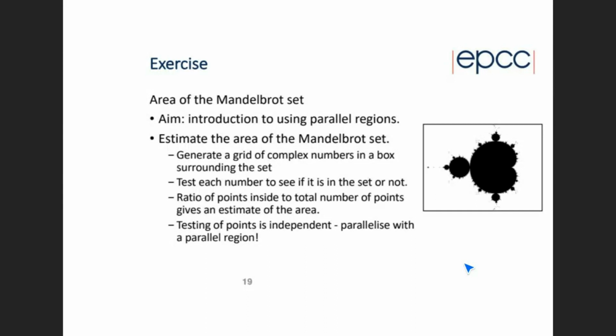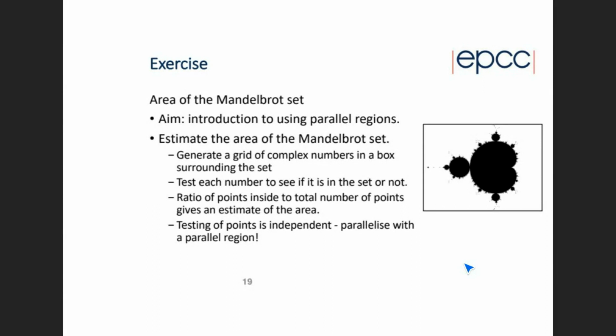Populate that with a two-dimensional grid of values, then test each of those values to see whether it belongs to the set or not, and then use the ratio of points inside to the total number of points, multiply that by the area of the box, and that gives us an estimate of the area.